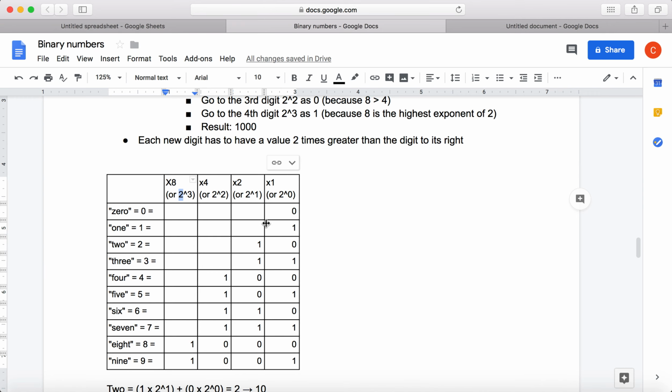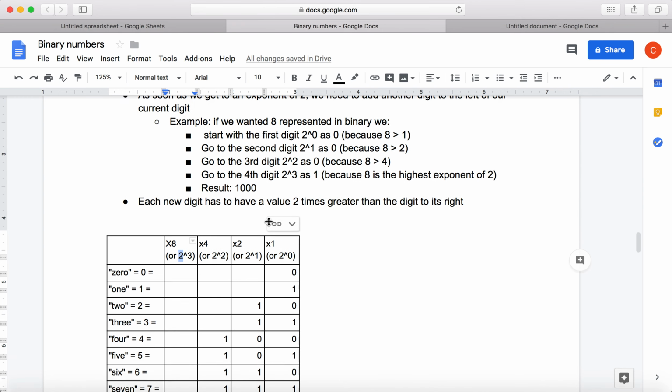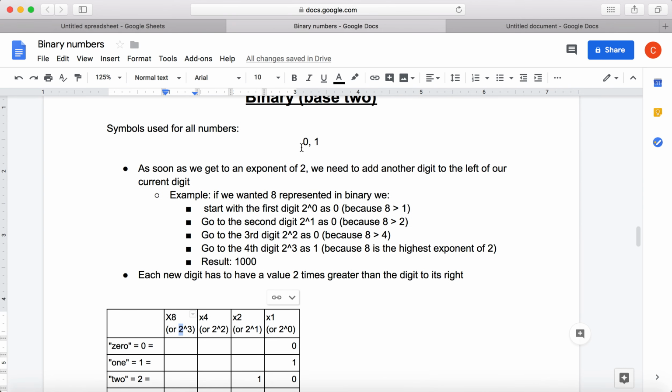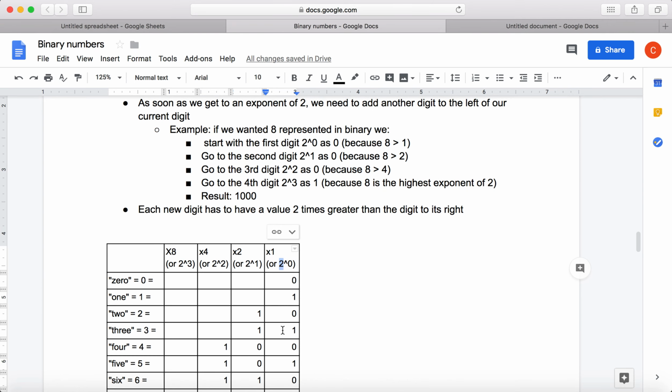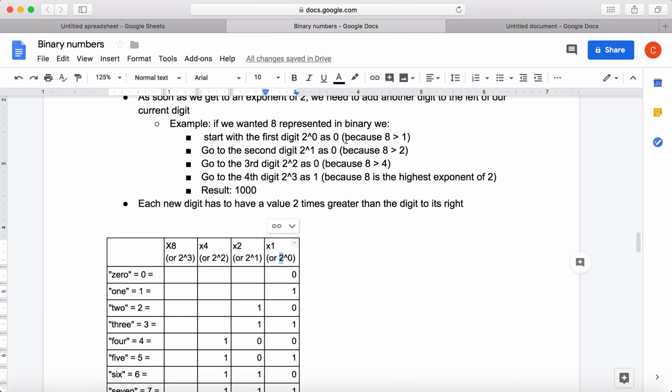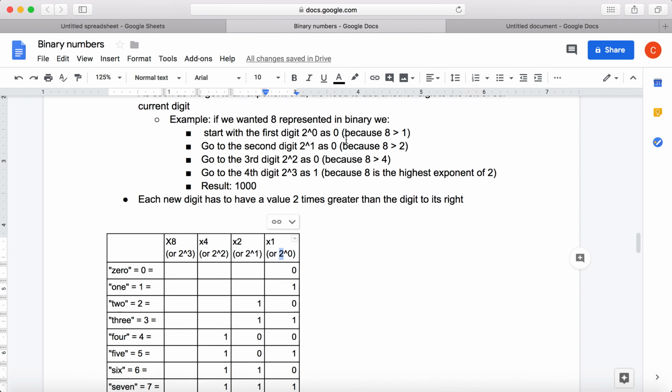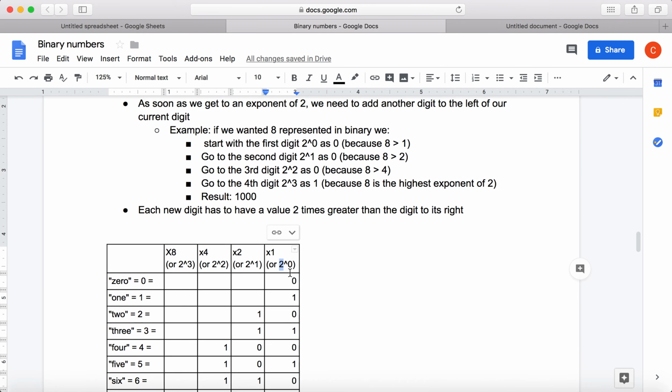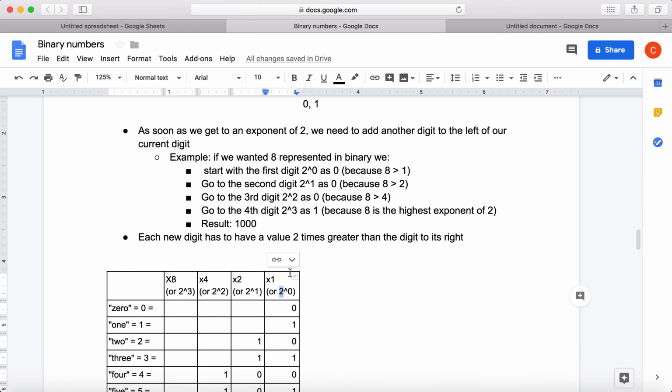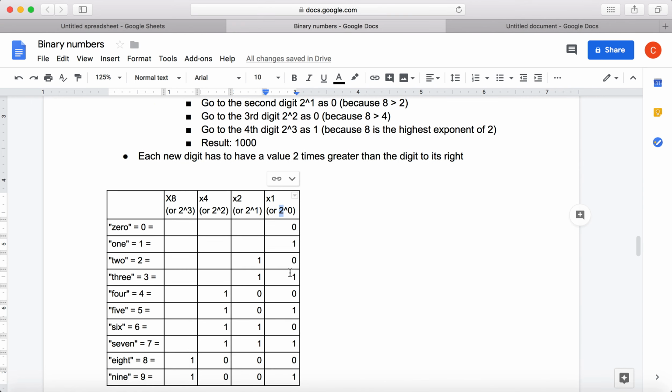And we see that the only thing that has changed is that we now only have 2 symbols, 0 and 1, and our base is now 2. So everything works the same, but now when we reach a new exponent of 2, we need to add another digit to the left of our current digit.